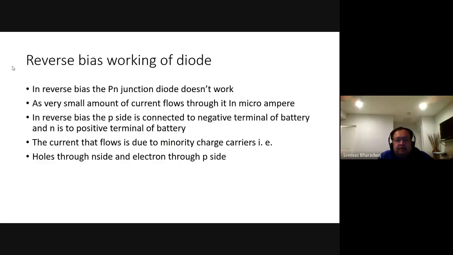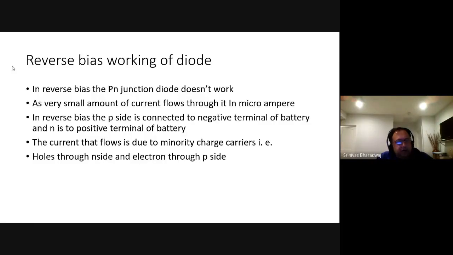Now, in reverse bias, the p-n junction diode doesn't conduct normally. A very small amount of current flows through, in microamperes, very, very little current. In reverse bias, the p side is going to be negative. The current that flows is due to minority charge carriers, that is holes through the n side and electrons through the p side.